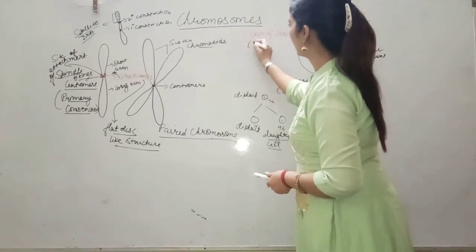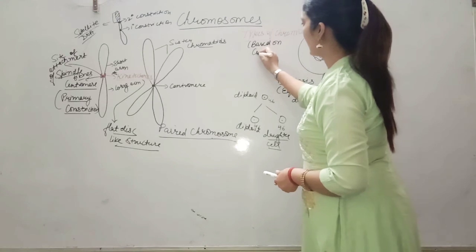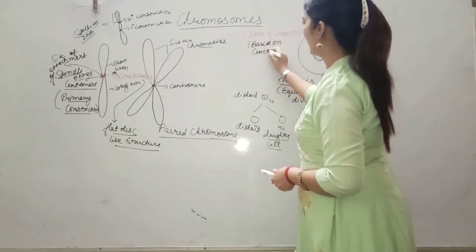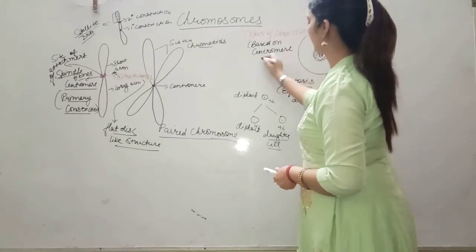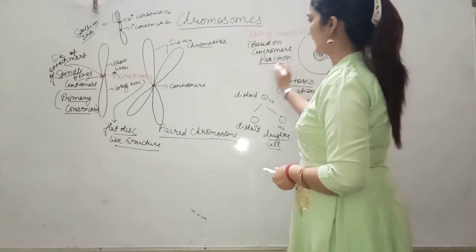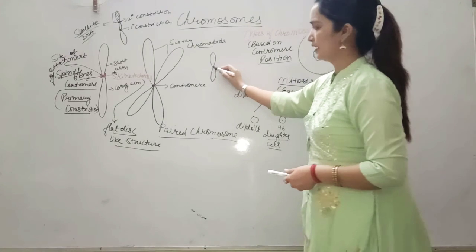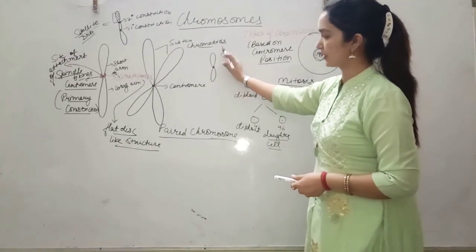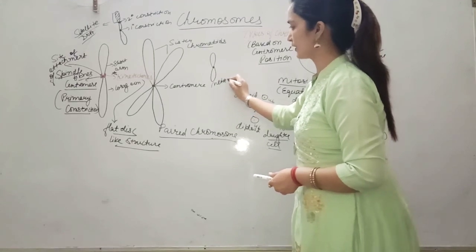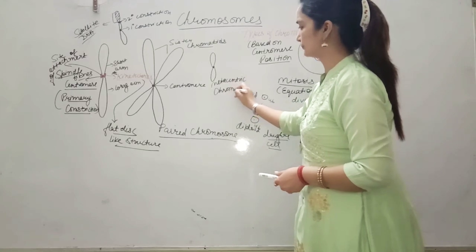Based on centromere position. If the centromere is present in between the length of chromosome, that is called metacentric chromosome.